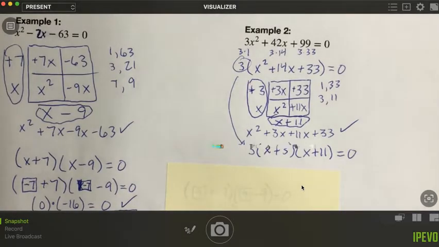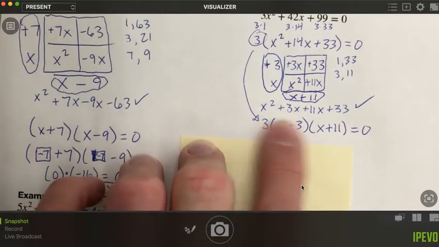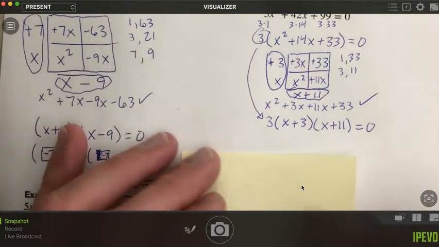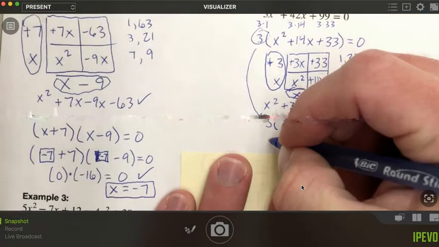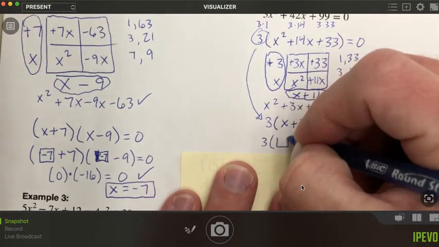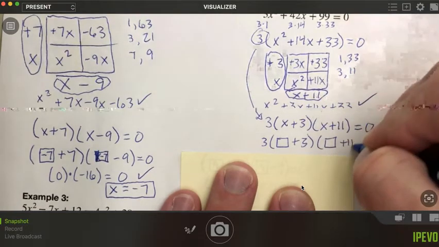All right, so same as the previous example, I want to know what numbers could go in for x to make all of this equal to 0. Well, basically, in other words, we're saying that 3 times some number plus 3 times that same number plus 11 should equal 0.